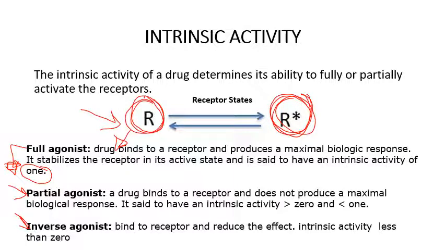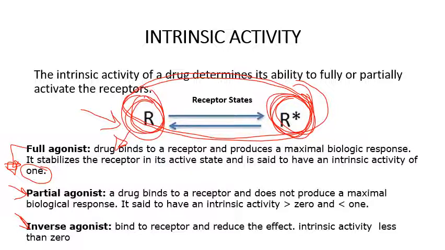For inverse agonist, to understand the action of inverse agonist, we should keep in mind that even without the presence of an agonist, the receptor can be found in two cases, which is inactive and activated form.